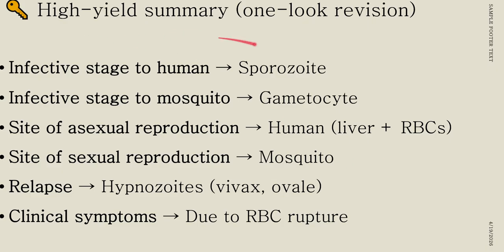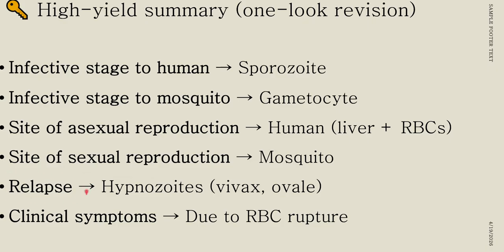So the high-yield exam summary of the malaria life cycle: the infective stage to humans is the sporozoite, and the infective stage to the mosquito is the gametocyte. The site of asexual reproduction includes the human liver and the red blood cells, while sexual reproduction is in the midgut of the mosquito.